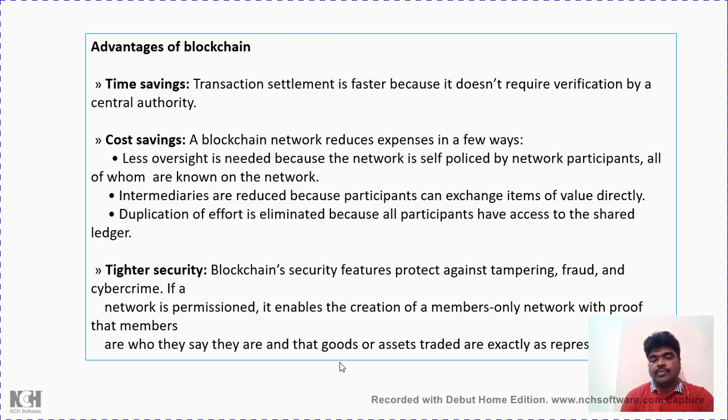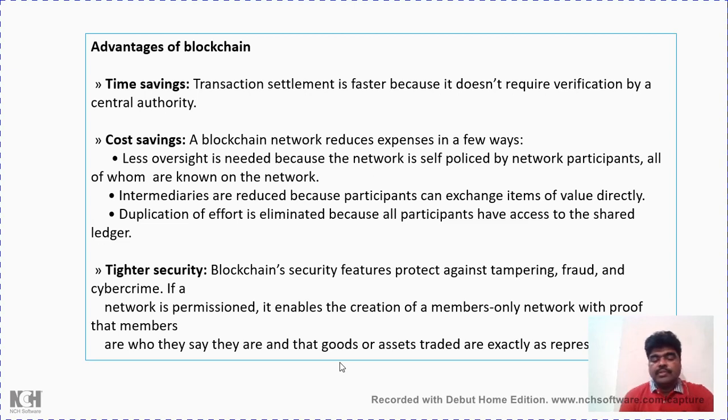Intermediaries are reduced, and thus participants can exchange items of value directly. Duplication of effort is eliminated, and the double spending issue is also removed.